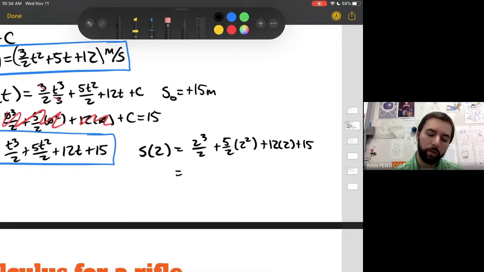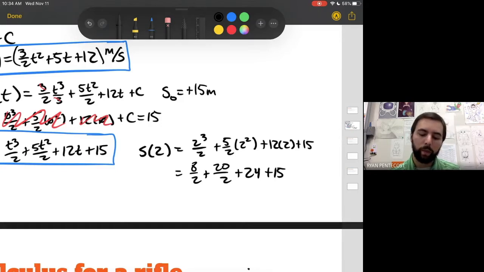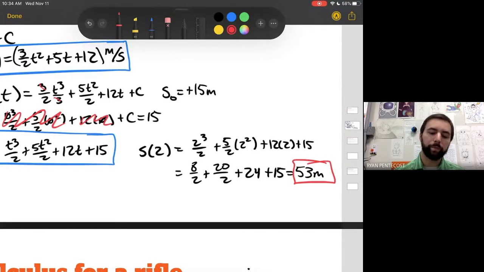And that would equal 8 halves plus 20 halves plus 24 plus 15. So that's 4 plus 10, 14, 38, 53. 53 meters. So 53 meters is our answer to part B.